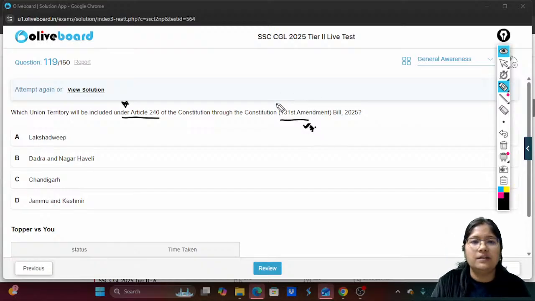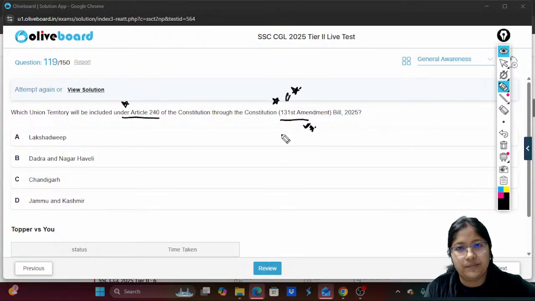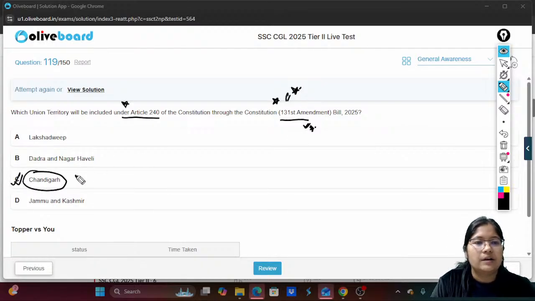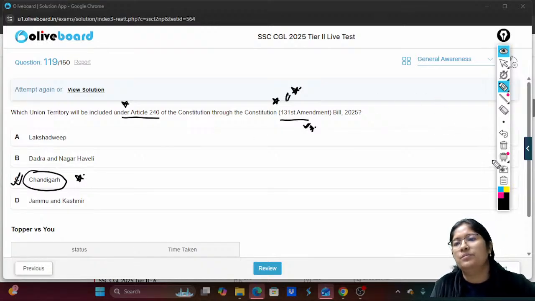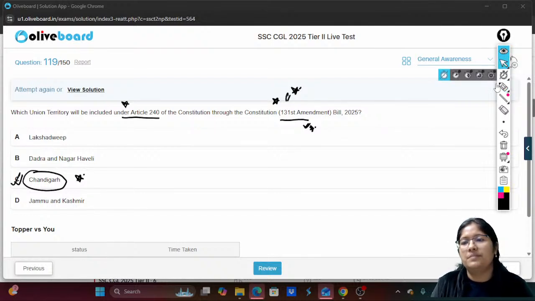See, this is very, very important. Very important question. It is going to keep on coming in your exams for a very long time. All right. So it is your option number C, that is Chandigarh. This is one of the most important questions from this series that is going to be repeated in coming years in different examinations.